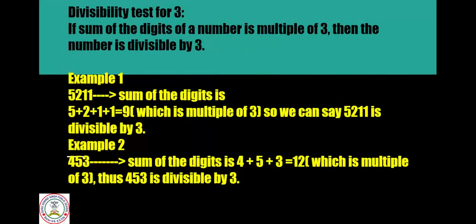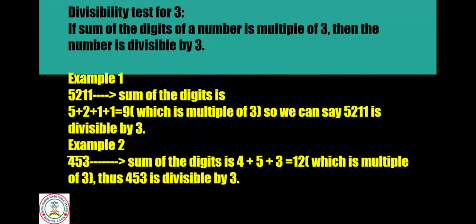Divisibility test for 3. If the sum of the digits of a number is a multiple of 3, then the number is divisible by 3. Example 1. 5211.